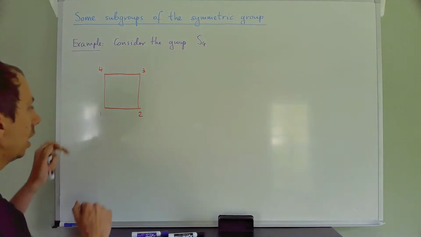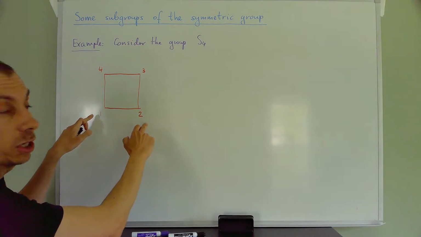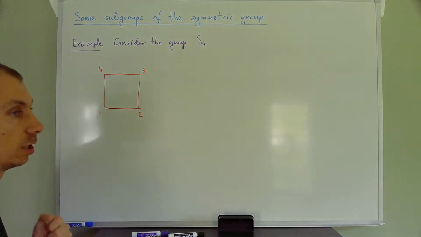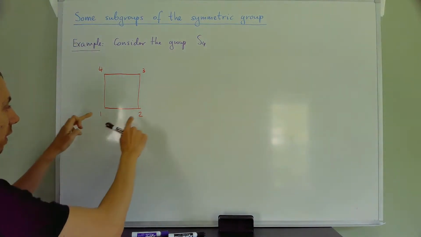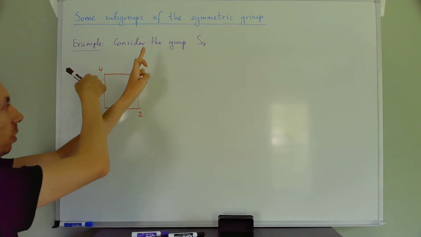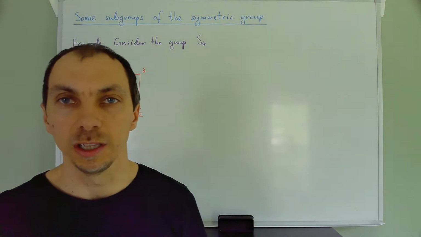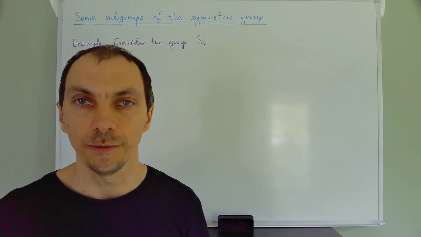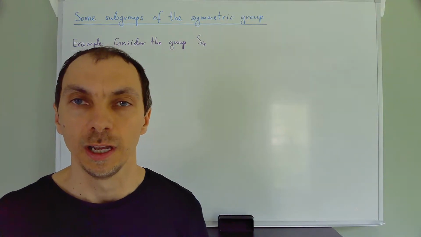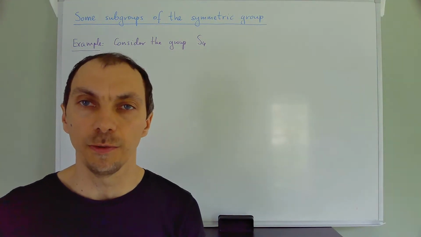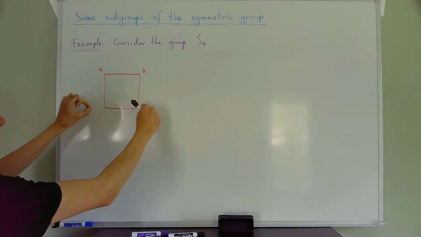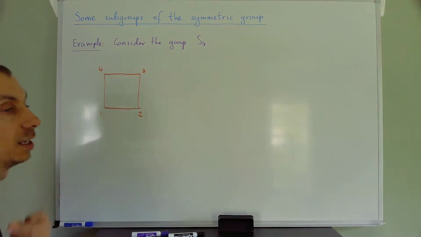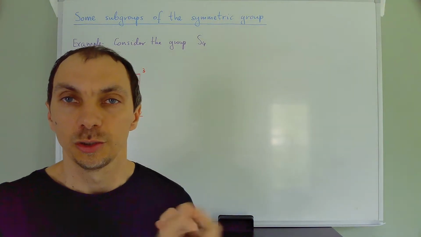In particular, if I fix the vertices which I denoted here by 1 and 2, so I denote the vertices of my square by numbers this time rather than letters, if I want to fix these two and switch the 3 and 4, which is a well-defined permutation of numbers 1, 2, 3, 4, that does not give me a symmetry of a square, because if this side stays put, I cannot just twist the square to switch 3 and 4.